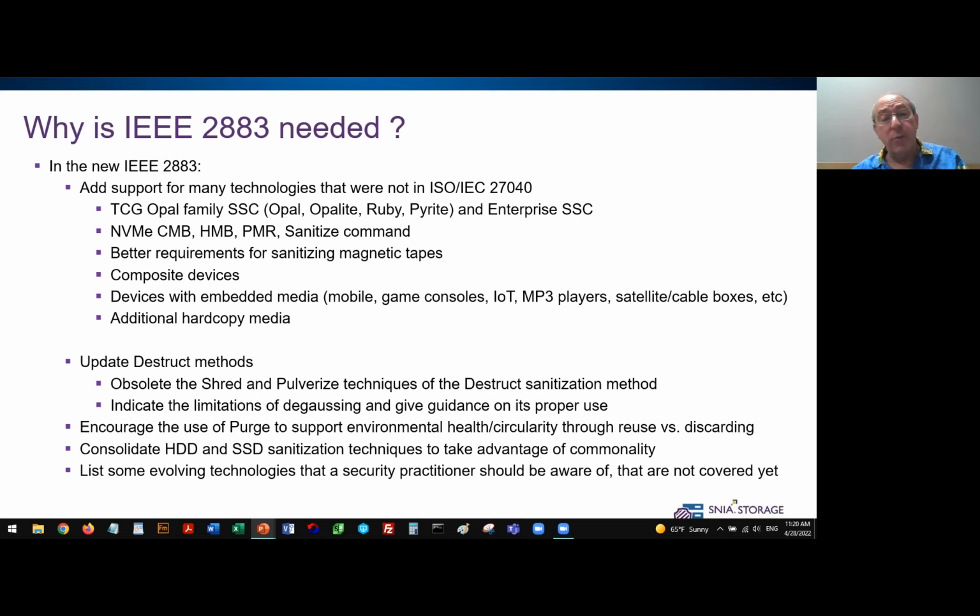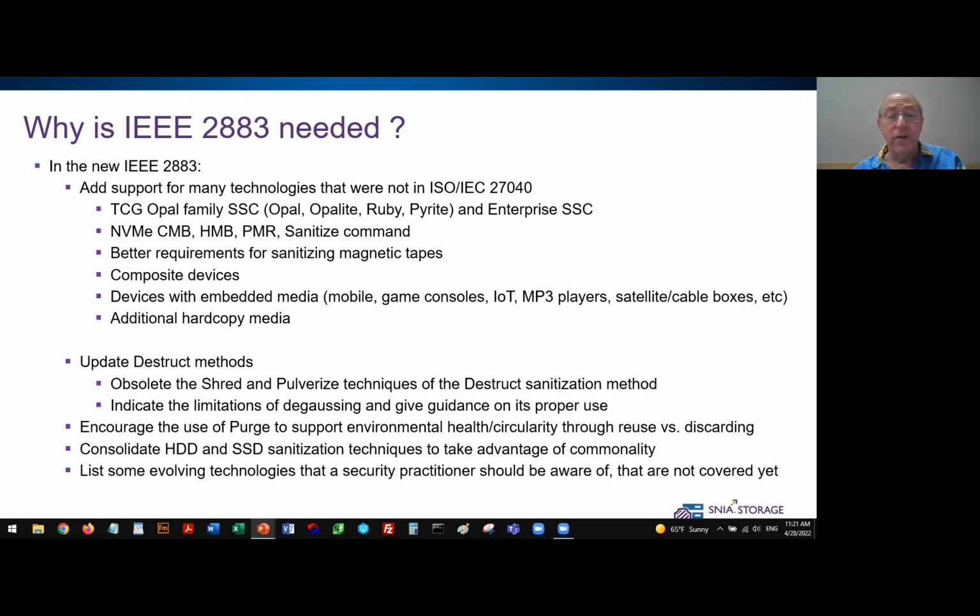We also take this opportunity to update techniques for how you can destruct things. We have obsoleted shred and pulverize for reasons I'll go into soon. And we give guidance on proper degaussing. We encourage the use of Purge as the happy medium between clear and destruct.